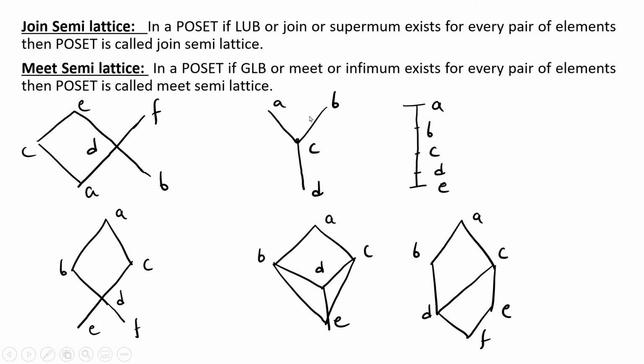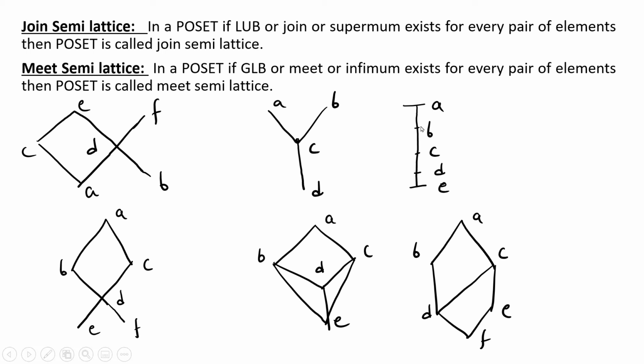Then let's check for this. There is no upper bound of the A, B pair. So that's why this is not a join semilattice. Then for A, B there is an upper bound and there is a least upper bound also. So for A, B we have the upper bound A and the least upper bound would be A also.